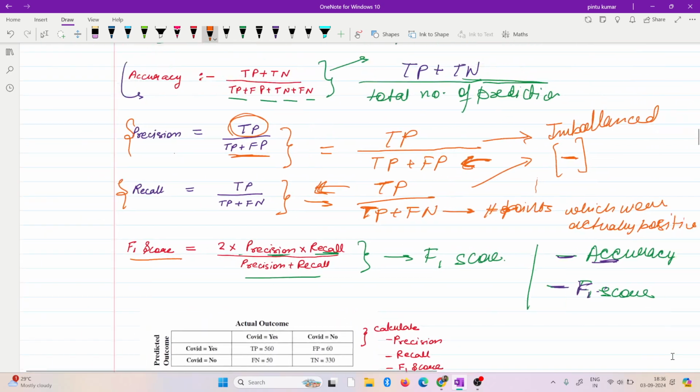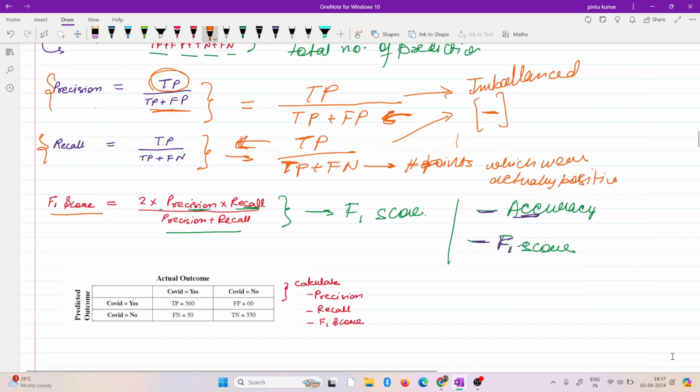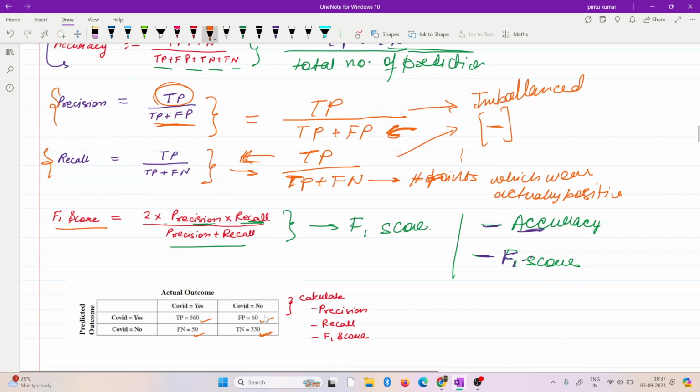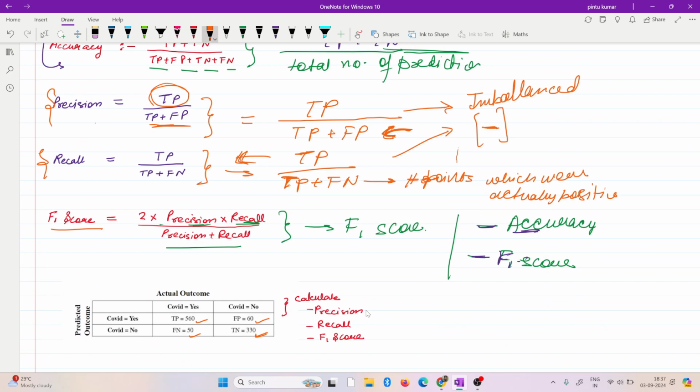Now let's go on to calculating these values. You have a confusion matrix given over here, with true positive, false positive, false negative, and true negative. The formatting here is similar to what we have discussed. We have been asked to calculate precision, recall, and F1 score. So let me calculate for you.